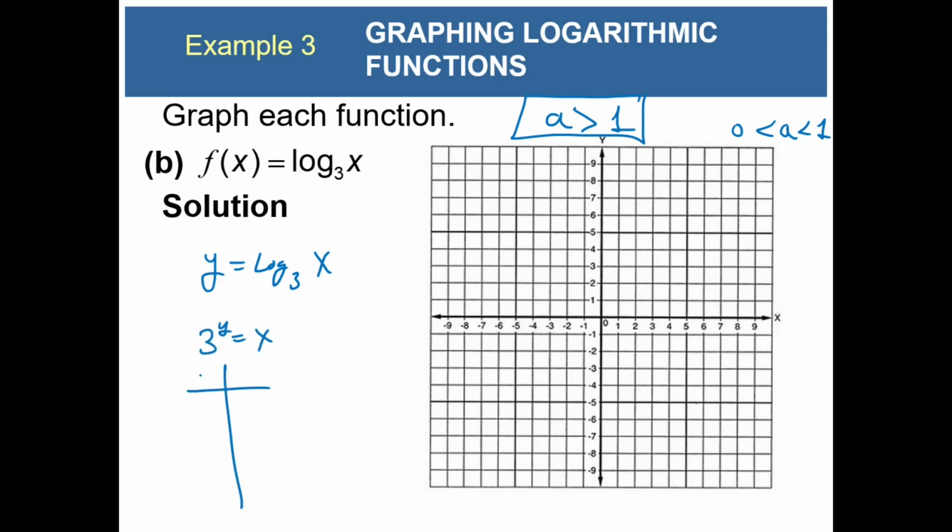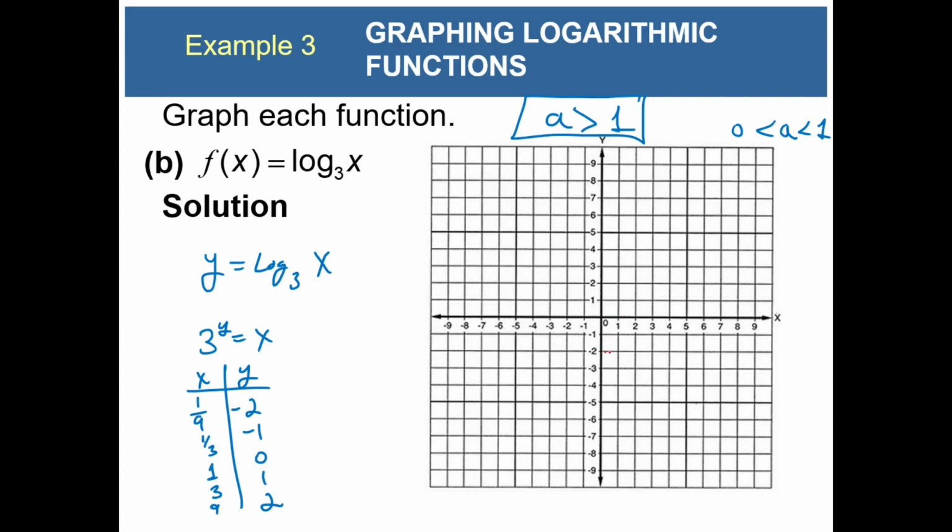And again, we're going to pick some points. We'll pick y values. So let's pick -2, -1, 0, 1, and 2. And 3 to the -2 is going to give us 1/9. 3 to the -1 is 1/3. 3 to the 0 is 1. 3 to the 1 is 3. And 3 squared is 9. Let's plot the points on the graph.